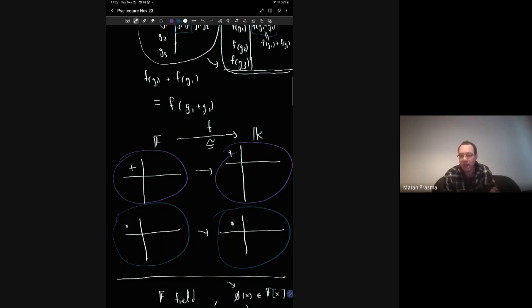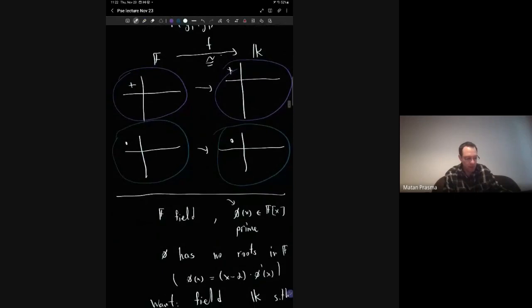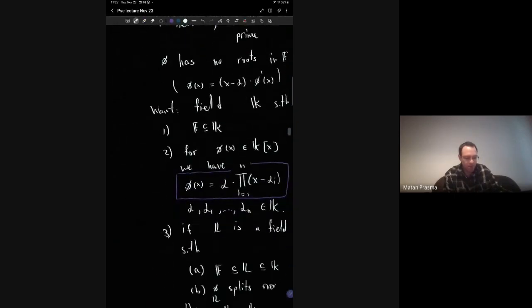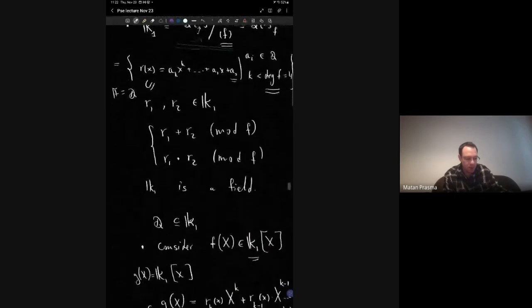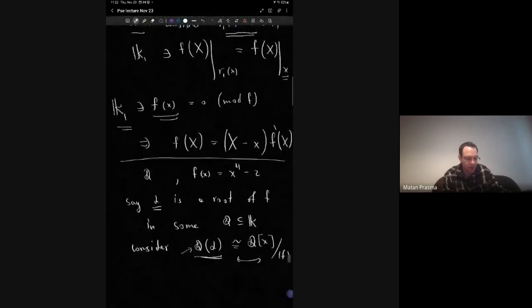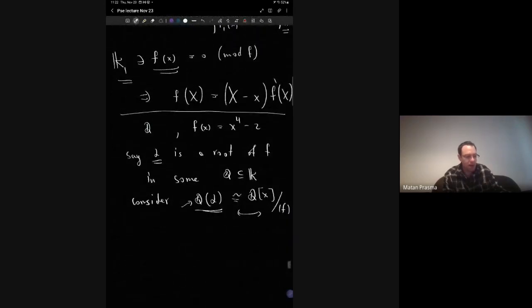So this is one use of this notion of isomorphism. But before the break, I told you about an alternative way to interpret K[x] modulo f.